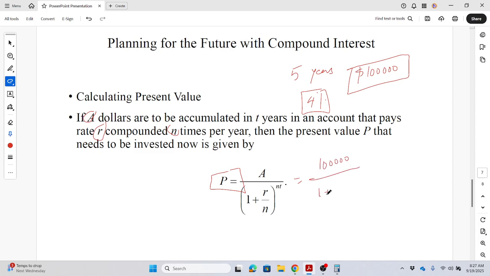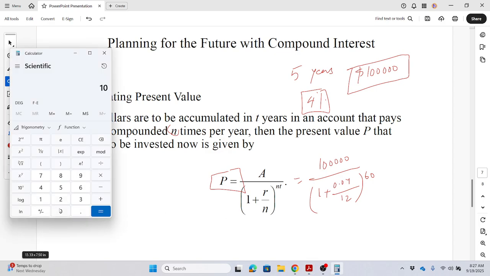$100,000, 1 plus the rate, 0.04. It's monthly in my example, so I'm going to replace n by 12. So 12 times 5 years is 60. This is the calculation I have to do. How do you do that?